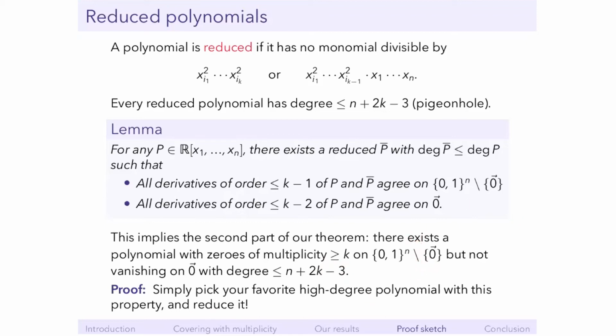It's very easy to use interpolation or whatever you like to construct a polynomial that vanishes to multiplicity at least k outside the origin, doesn't vanish at the origin, and will have some very, very high degree. But by simply applying this reduction lemma, you'll output a polynomial whose degree is at most n plus 2k minus 3 because it's reduced, and it will have the same properties. And so this is how you construct this matching upper bound, a polynomial that actually has degree at most n plus 2k minus 3.